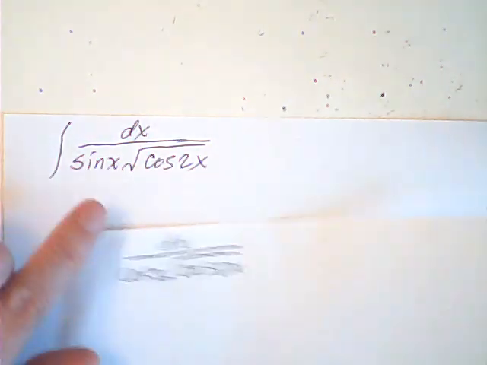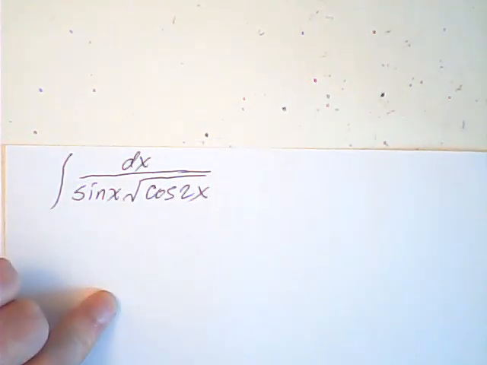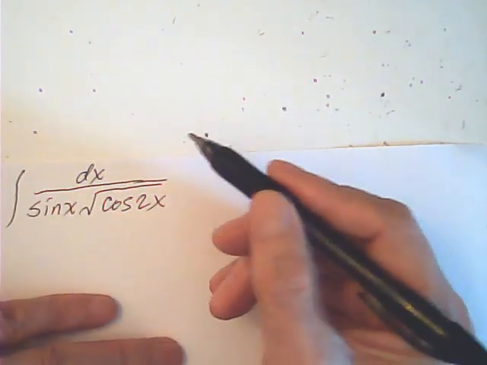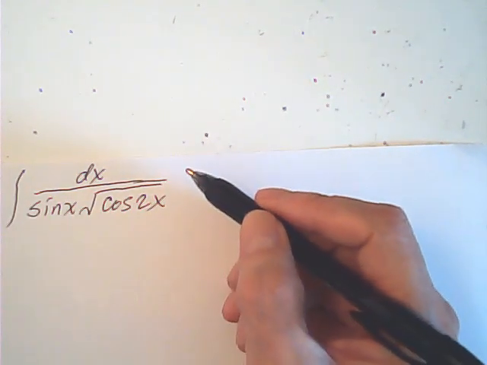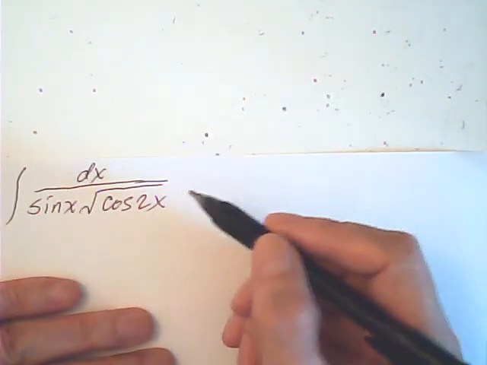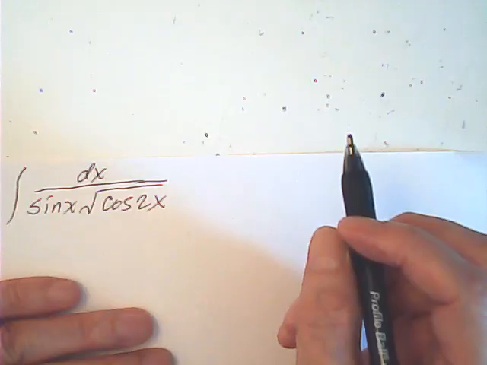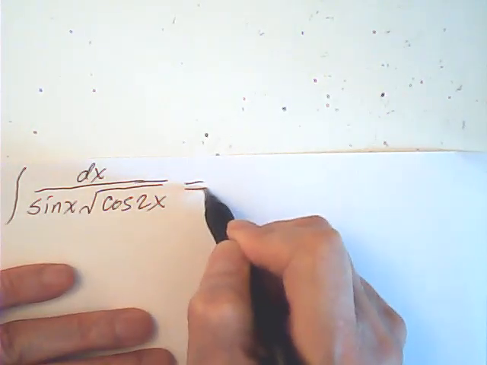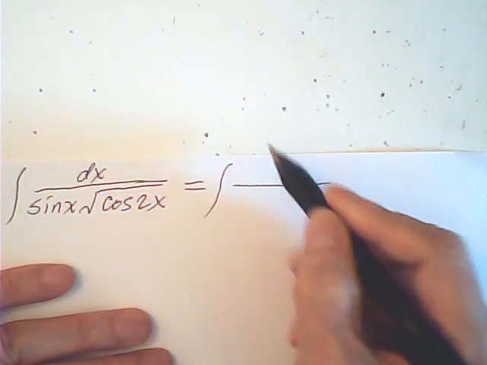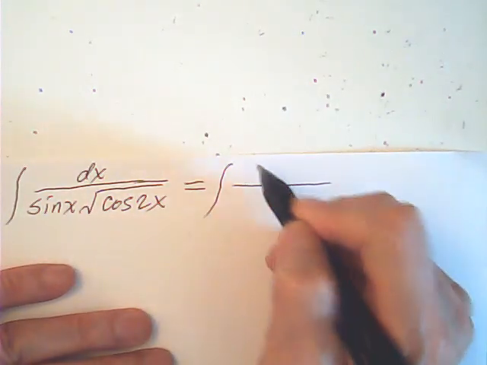Okay, let me do this one first. Two methods. Method one, I start with this. Multiply numerator and denominator both by sine x.